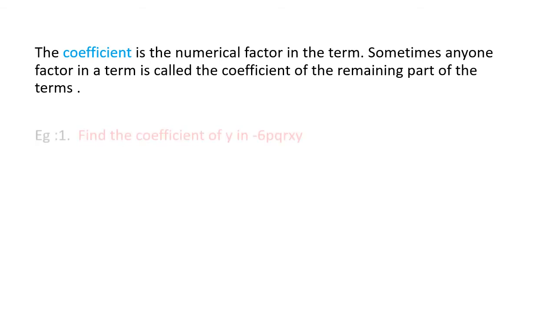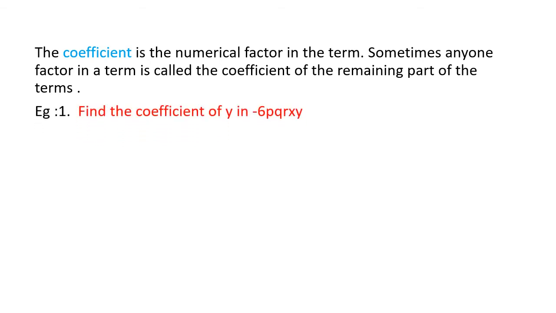Okay, for example, find the coefficient of y in minus 6pqxy. Here only one term is there, but so many variables are there, right? Minus 6pqxy, totally 5 variables, but they told you to find the coefficient of only y. Okay, so how will you write?